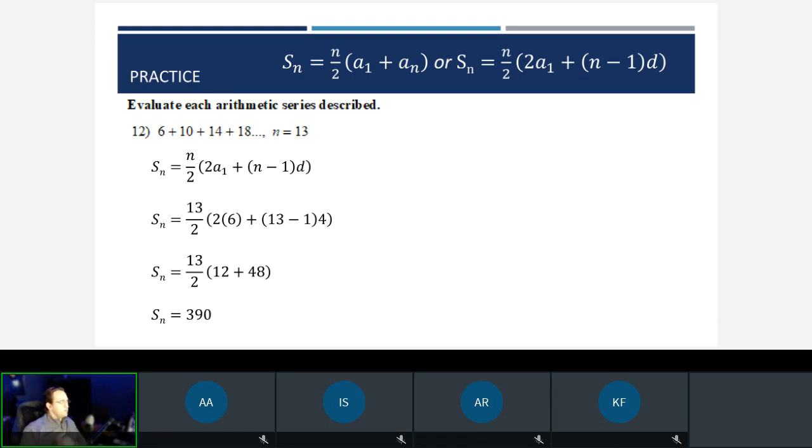So some final thoughts. We were given basically 3 equations. First equation was to find the nth term. We also use that same formula to find the common difference when you were given, let's say, a gap. You're given your first term and then maybe the very last term, but nothing in between.